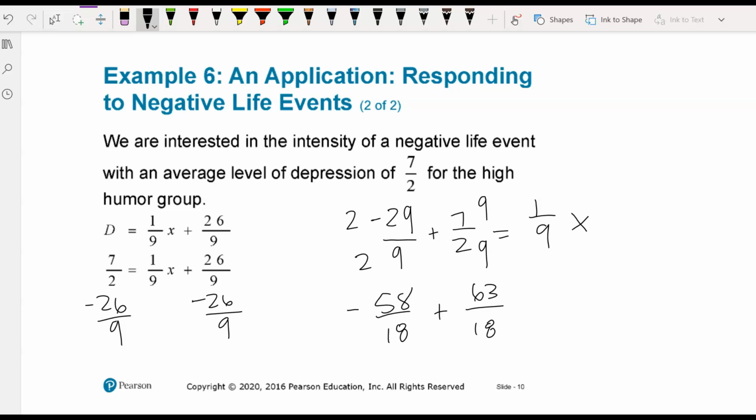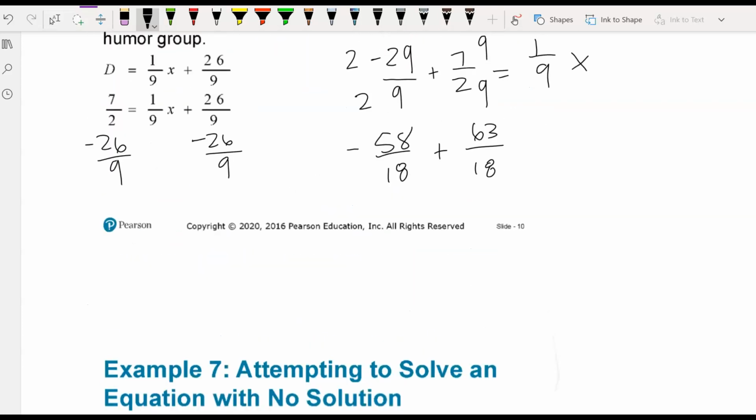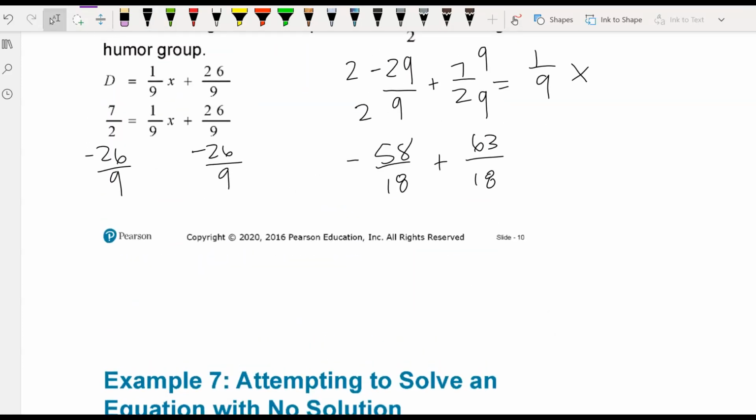So 63 minus 58 is going to give us 5 over 18. So 5 over 18 equals 1 over 9x.